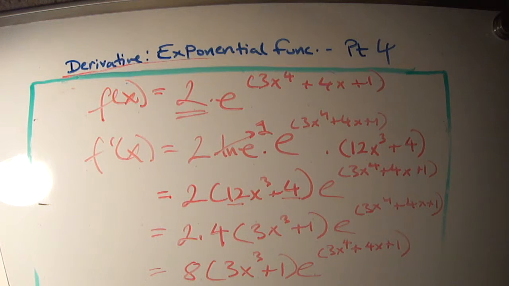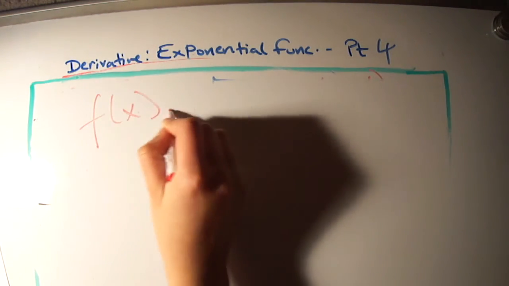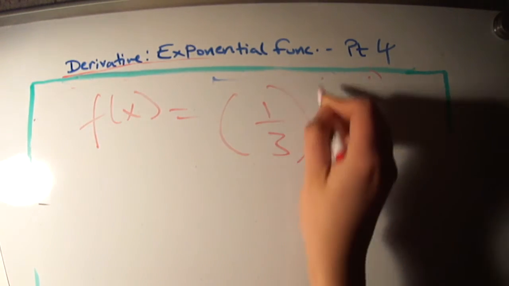That is it. So the next question we have is f of x equals 1 over 3 to the x.